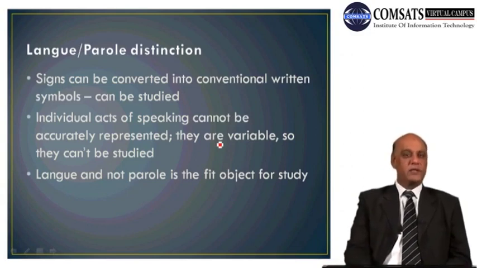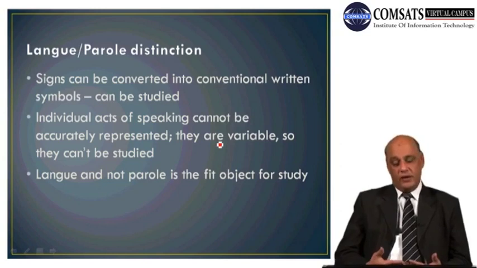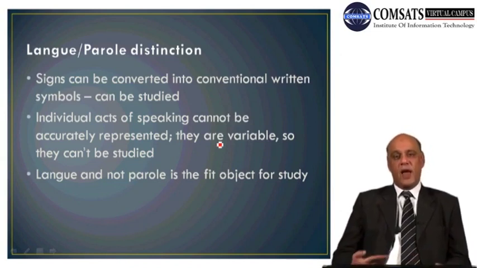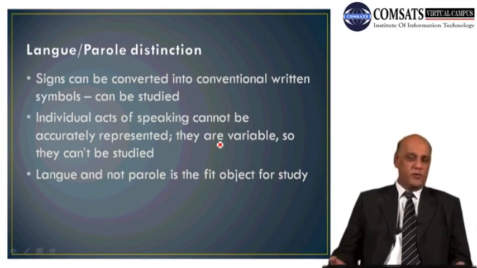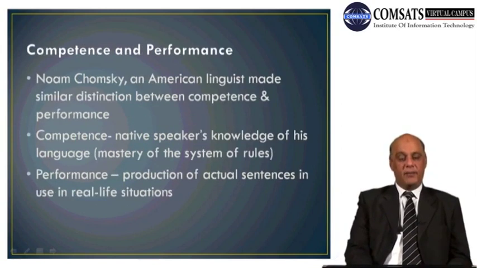Since parole is not uniform, parole has a heterogeneous structure and doesn't have definite boundaries. Parole is an individual act of speaking. In a society, in a class, you find different paroles, so it's difficult to collect them, study them, and analyze them.